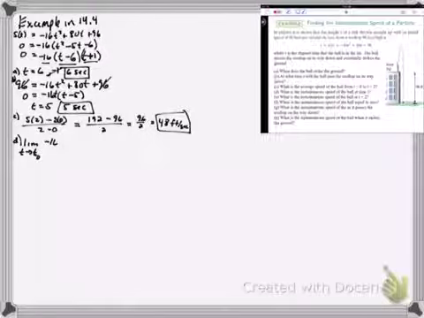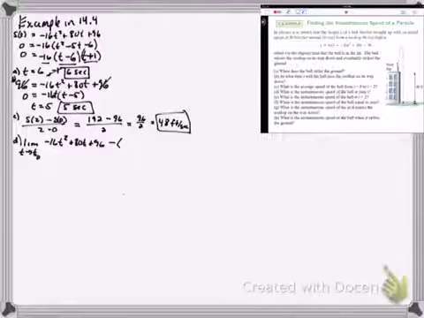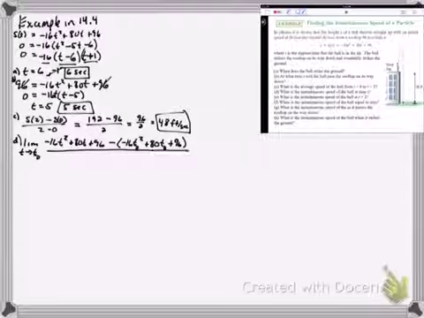I'm going to take all these t's and rewrite it, but this time we subtract out the t sub 0's. So negative 16 t sub 0 squared plus 80 t sub 0, and we still have the 96 that's there. And that's all over t minus t sub 0.